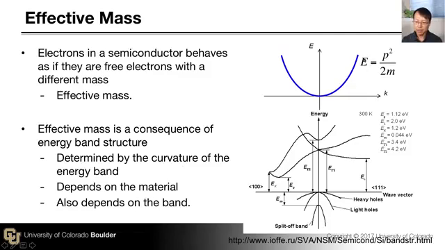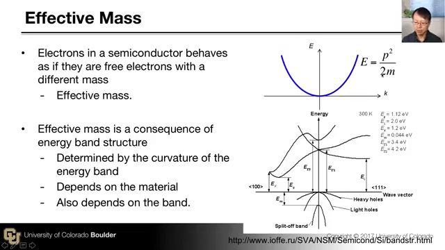So if you have a simple free space electron, the energy of a free space electron is entirely kinetic energy. And so if you plot energy versus k, then the curvature is inversely proportional to m, as shown here.